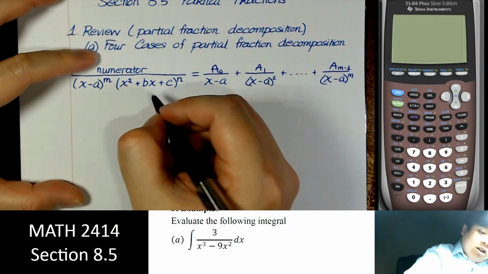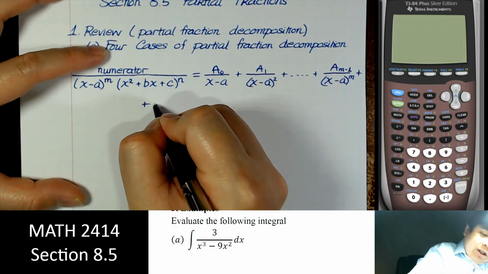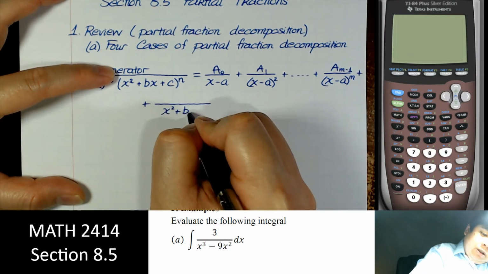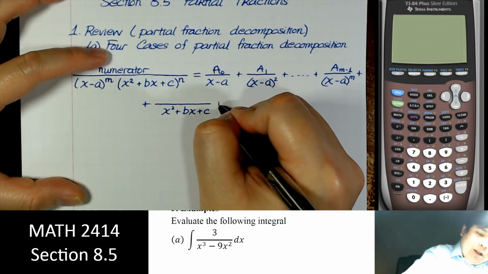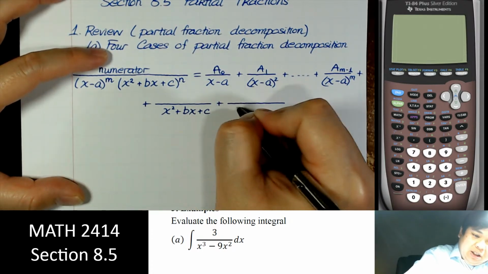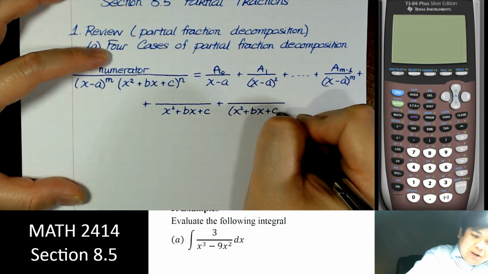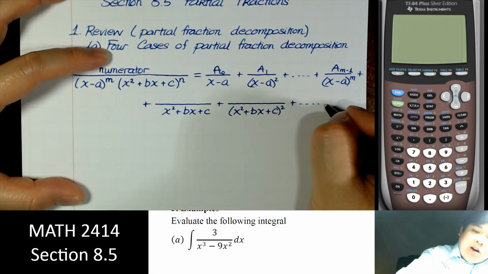For the quadratic factor, we start with the first power, and then increase the power all the way to the power of n.